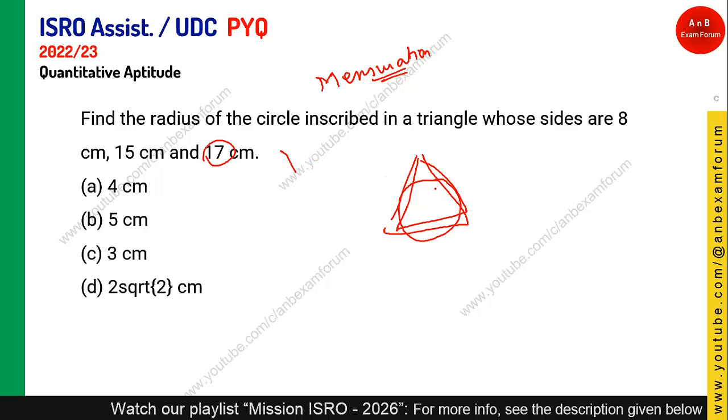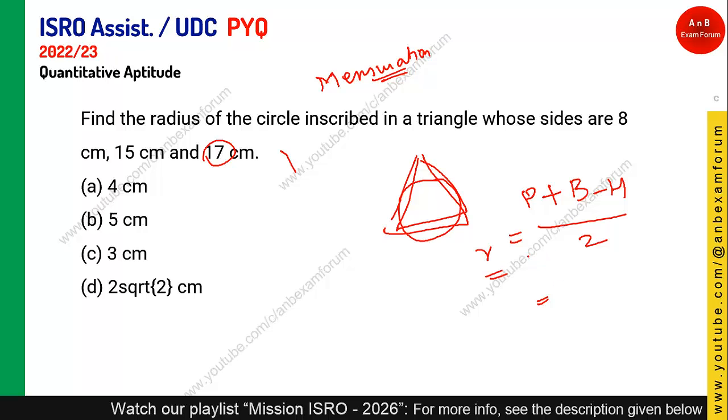For a right angle triangle there is a straight formula: perpendicular plus base minus hypotenuse, divided by 2. So straight away you can calculate the radius.